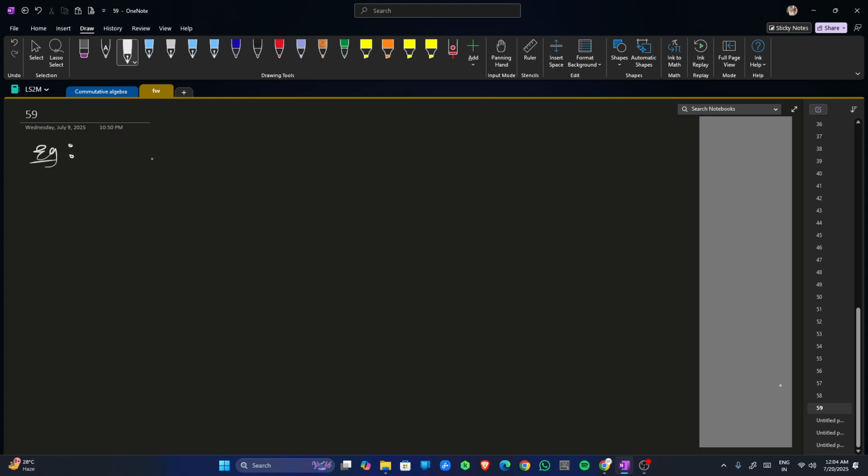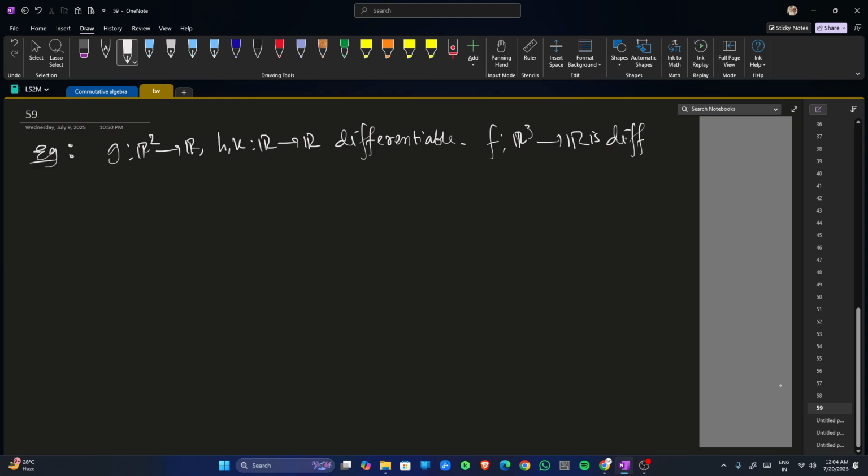Example. Say g from R2 to R, h and k are two differentiable functions, and f from R3 to R is also differentiable.